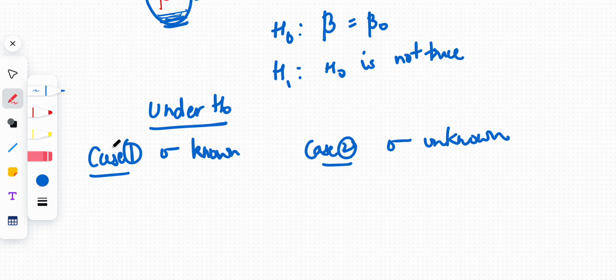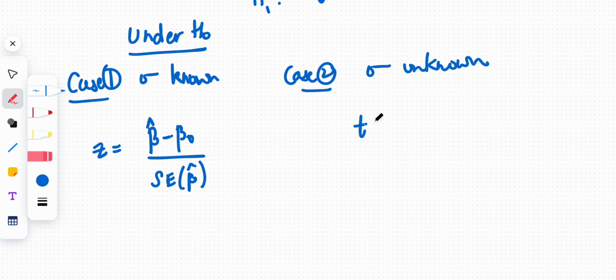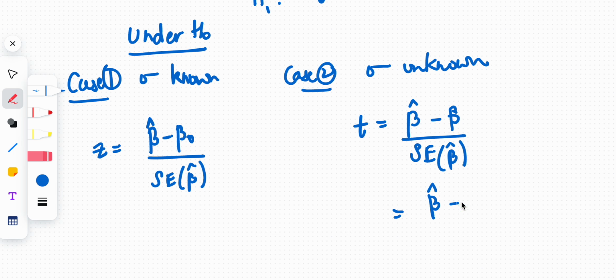So here z is equal to beta cap minus beta naught upon standard error of beta cap. Here t is equal to beta cap minus beta naught over standard error of beta cap.